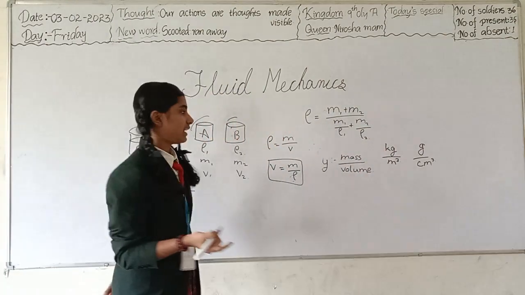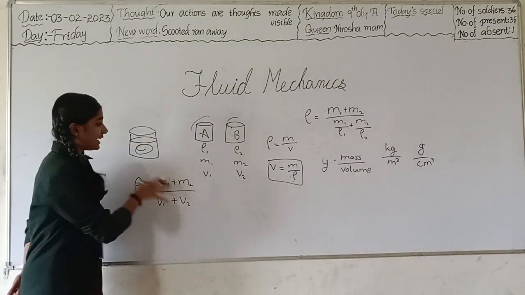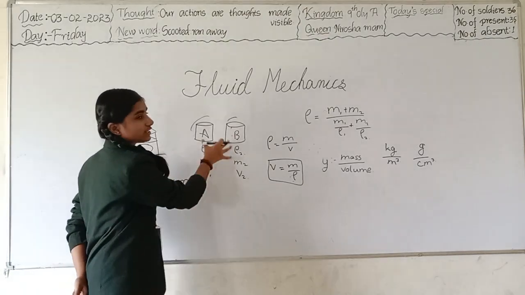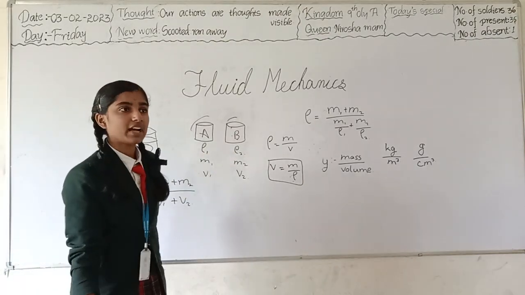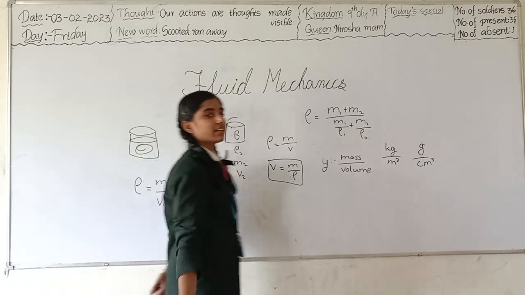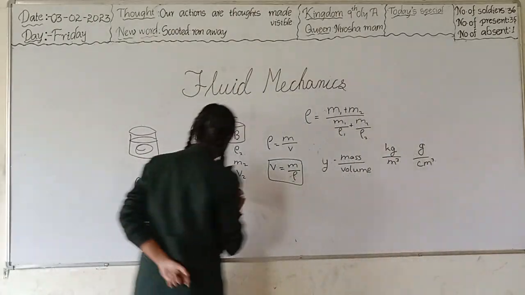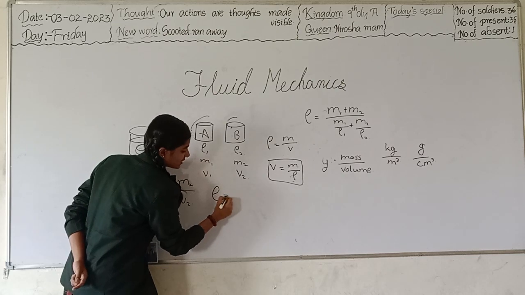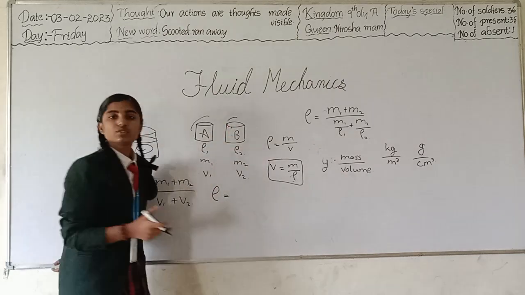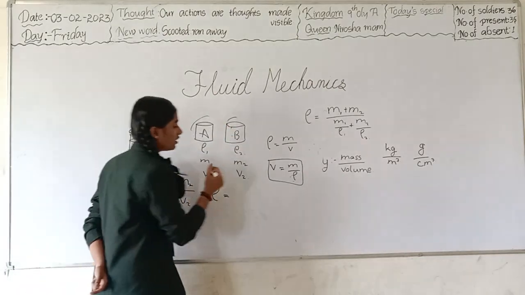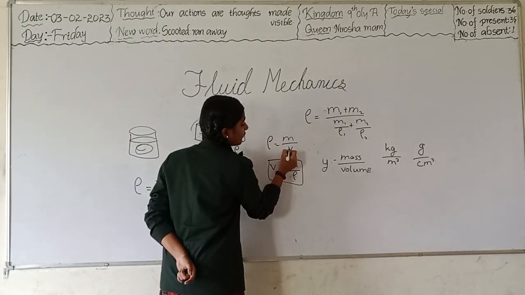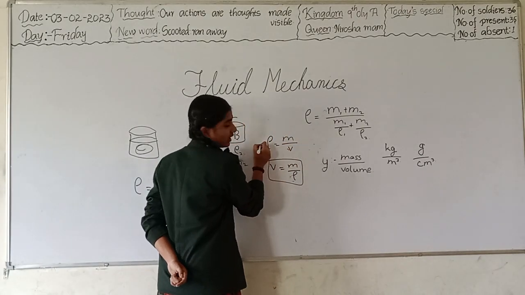In the other case, if we know the densities and volumes of the substances and we don't know their masses, then still we can solve the problem in another manner. The total density will be, as we don't know the masses, we take this v here.